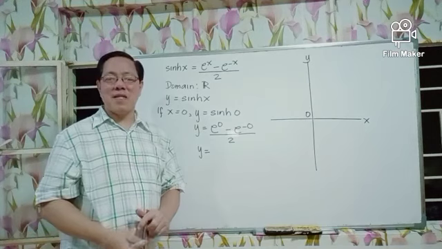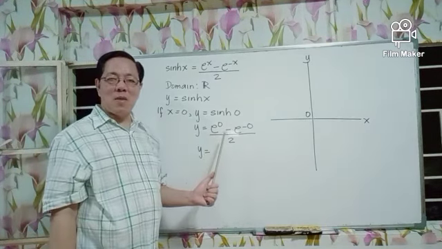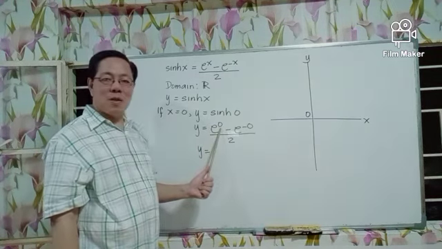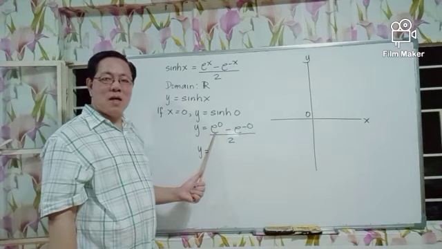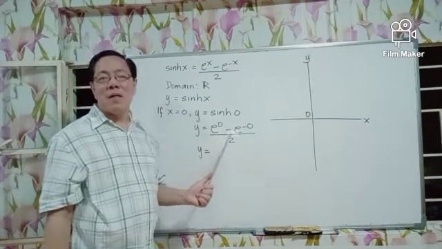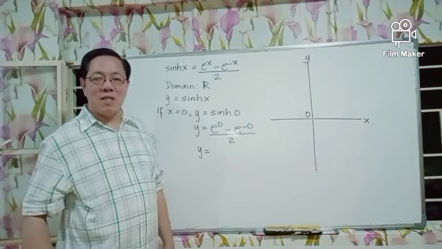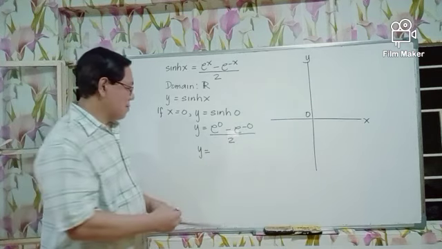Again, by property of exponent, any non-zero real number raised to power 0 is 1. And e is not equal to 0 because e is an irrational real number with a value that is a non-terminating, non-repeating decimal number. So e to the power 0 is 1.